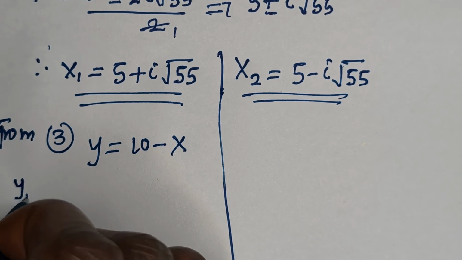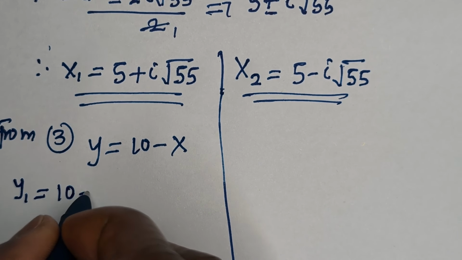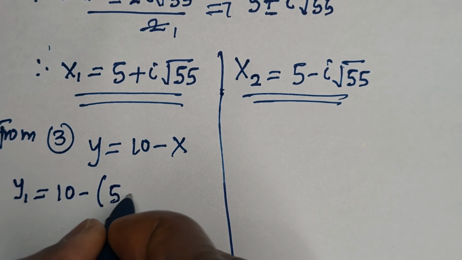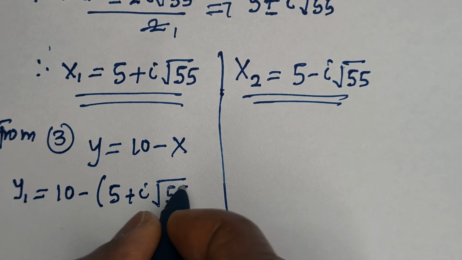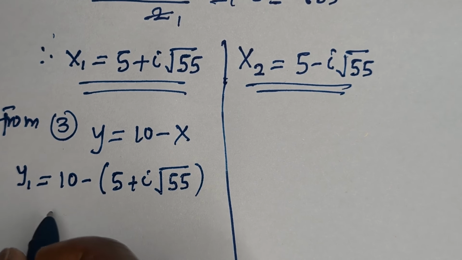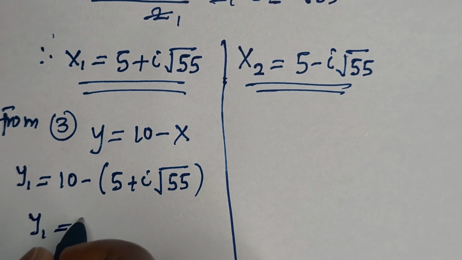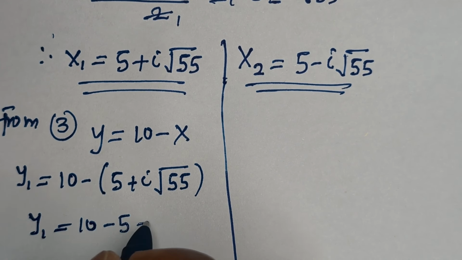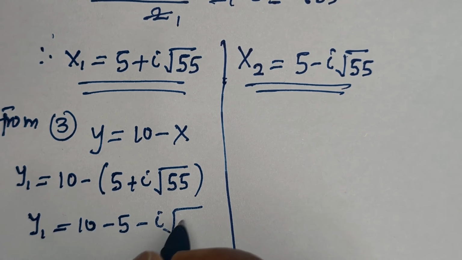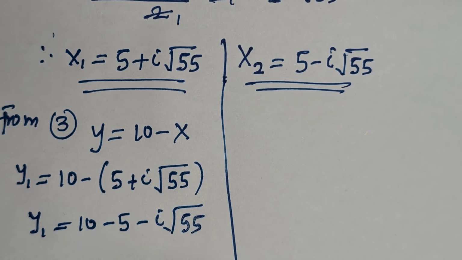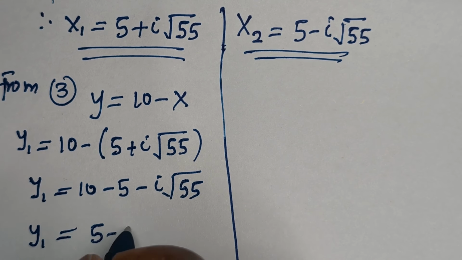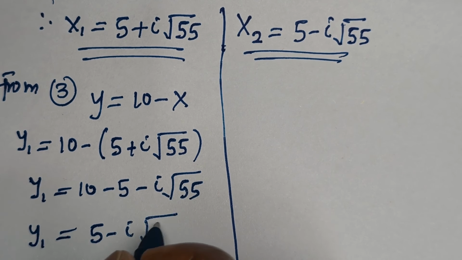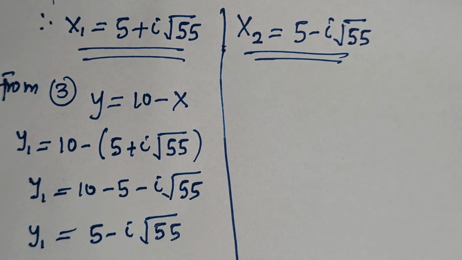Then y1 is equal to 10 minus x1, which is 5 plus i square root of 55. y1 is equal to 10 minus 5 minus i square root of 55. y1 is equal to 5 minus i square root of 55.